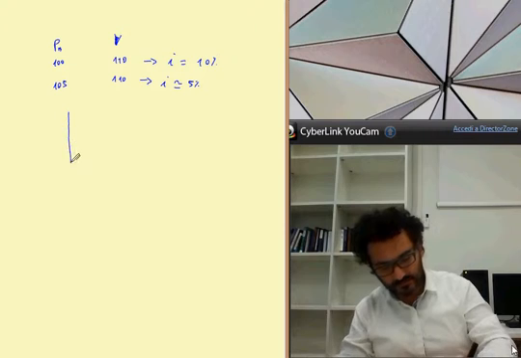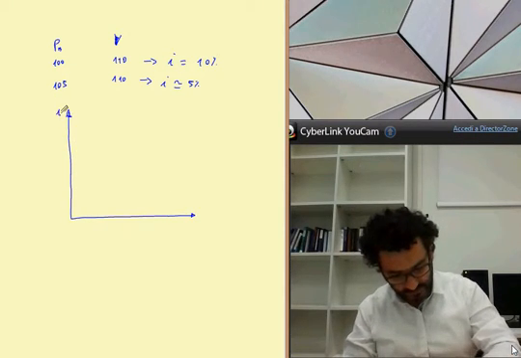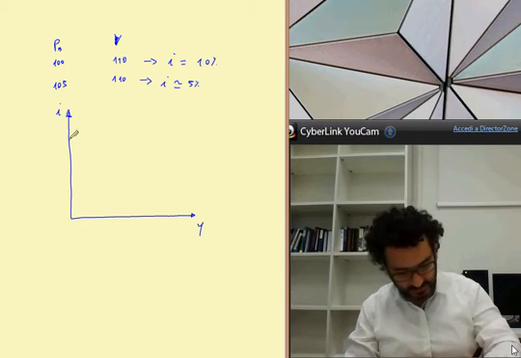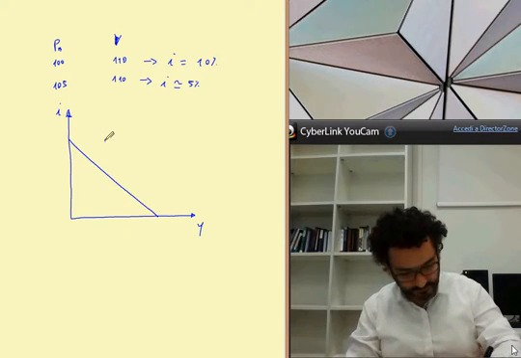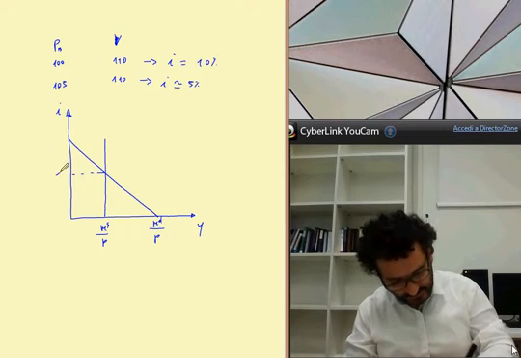But if we draw again the money demand and the money supply fixed by the central bank, the equilibrium is here.